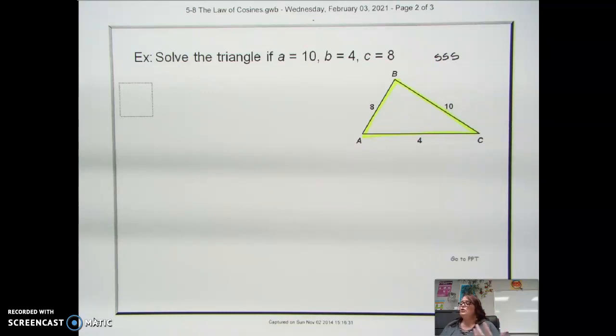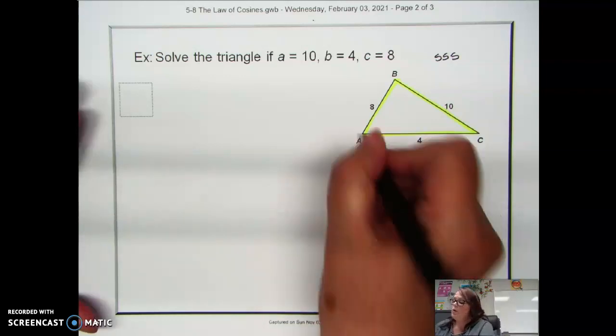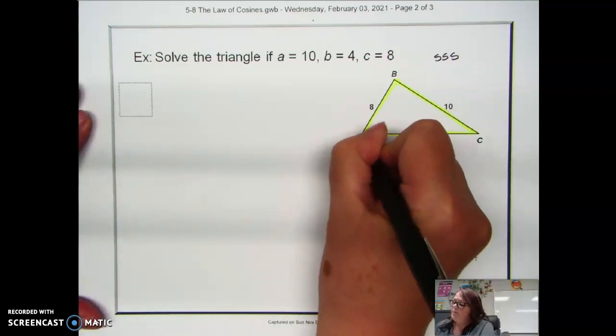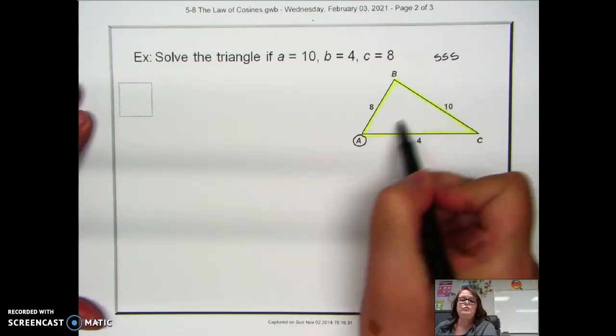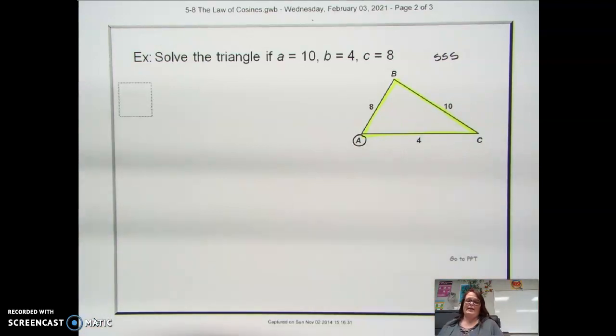In this case, we want to decide: do I want to start with my smallest angle and work my way up, or work with my largest angle and work my way down? It doesn't matter which one you do, as long as when you use the law of sines, you're never looking for the biggest angle. I don't want to mess up and possibly have A be obtuse and try to find A in the law of sines.